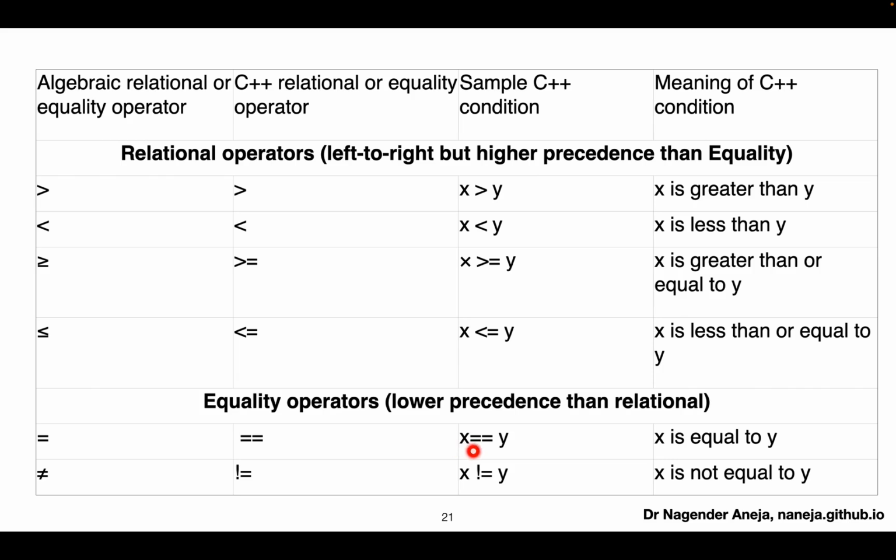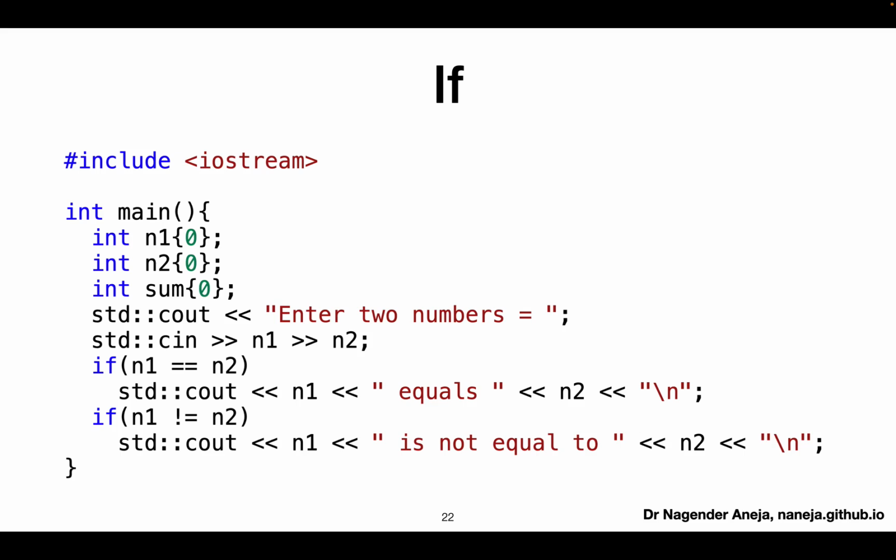So x == y is going to check whether these two values are equal or not. Since we are checking whether it's greater than, less than, or equal, the result of these expressions will always be Boolean. It's either true or false. Either the two values are equal or not equal.